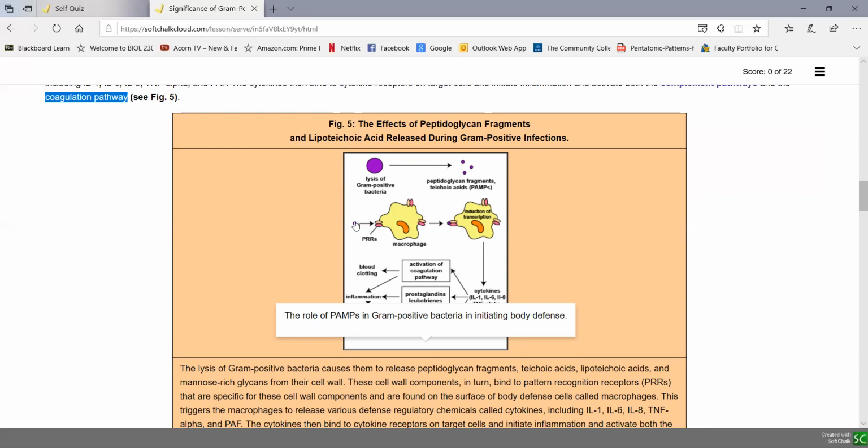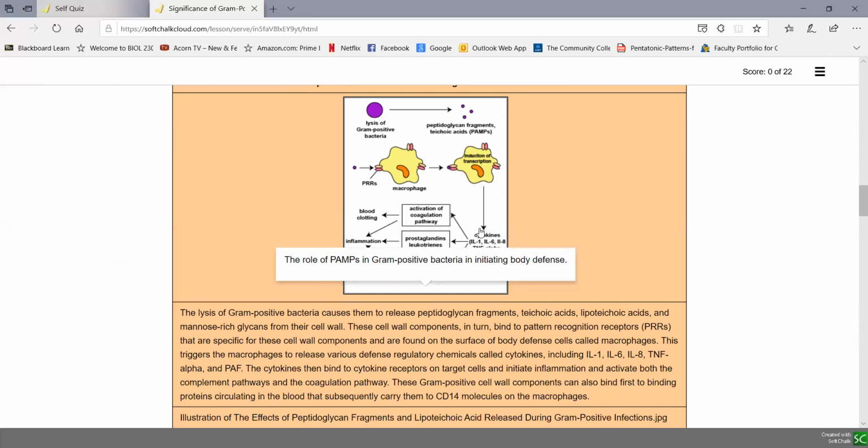And when the PAMP from the gram-positive cell wall binds to the pattern recognition receptor on the macrophage, that causes the transcription of genes coding for inflammatory cytokines. And now those defense cells start secreting these inflammatory cytokines like interleukin-1 and TNF-alpha, and they trigger inflammation.